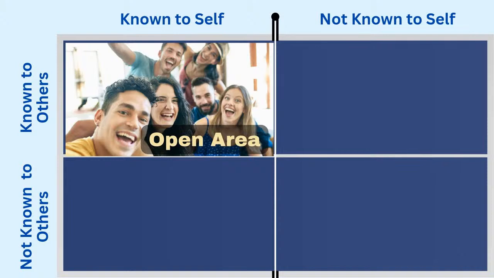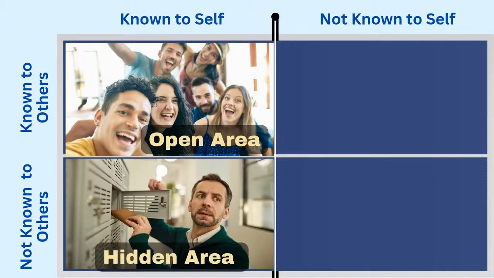Now we will go to the next one. The next one is hidden area. Something which is known to me but not known to others. You can see not known to others, the bottom row, and it is known to me because it's on the left column. So there are many things which I know about myself which others do not know.